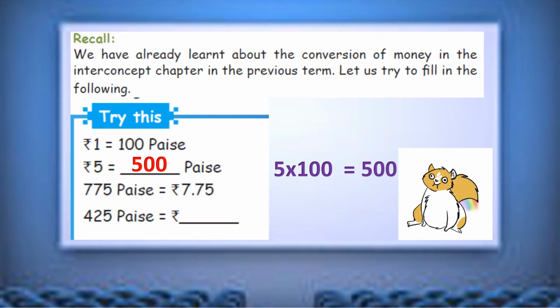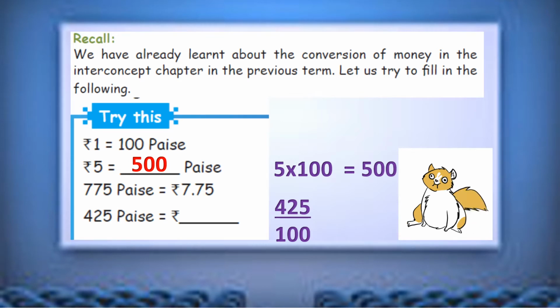Now, 425 paise is equal to rupees. From this itself, we can split and write: 425 paise is equal to rupees 4 and 25 paise, or else divide like this. If we divide by 100, 4 times 100 is 400.